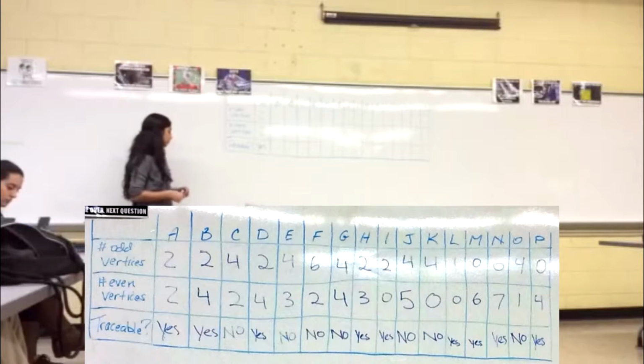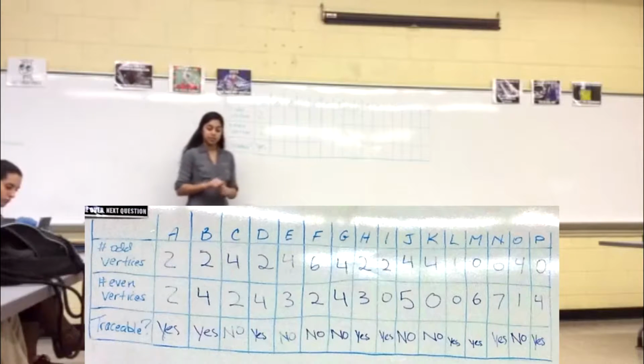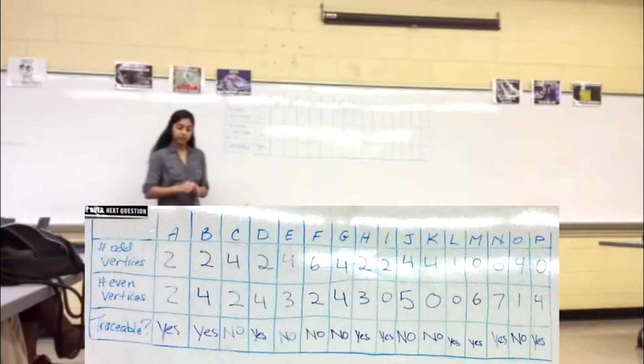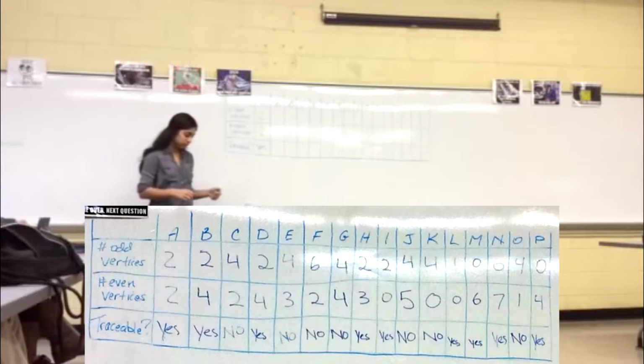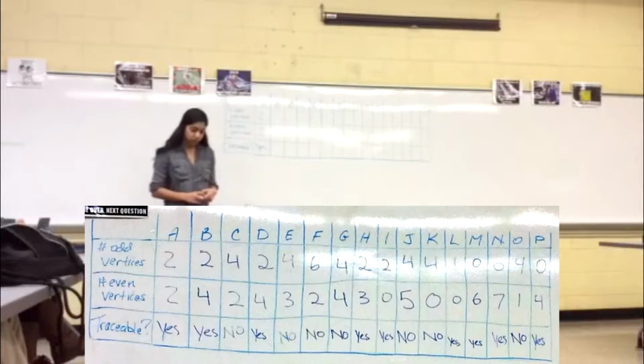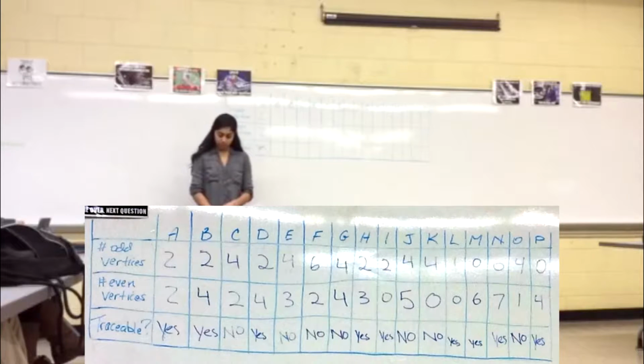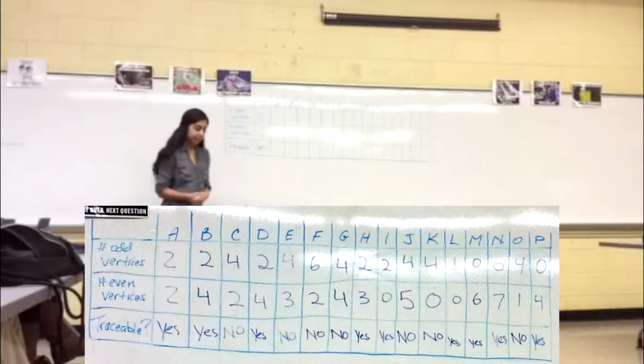There are two paths going to that point. There are two edges going to that vertex. So that top right is an even vertex, as is the bottom left, or top and bottom, if you're not thinking left and right. Okay. Alright, B.